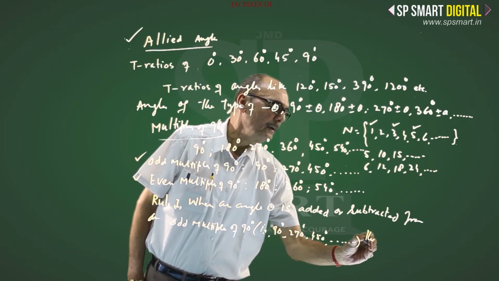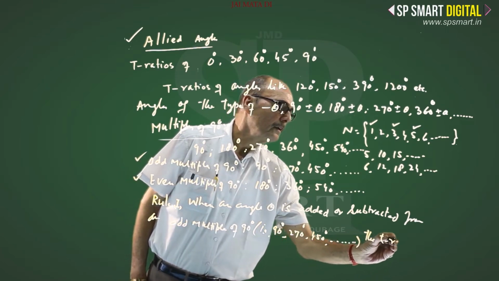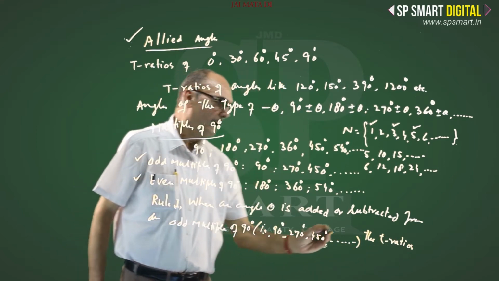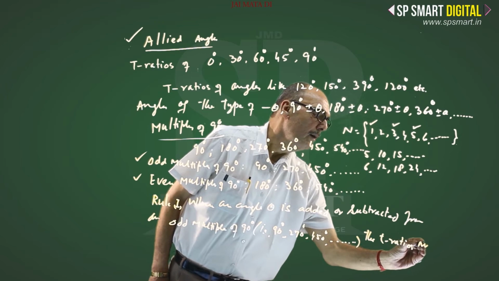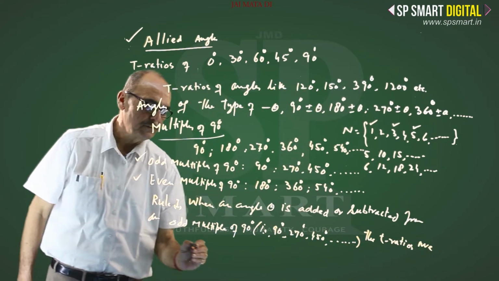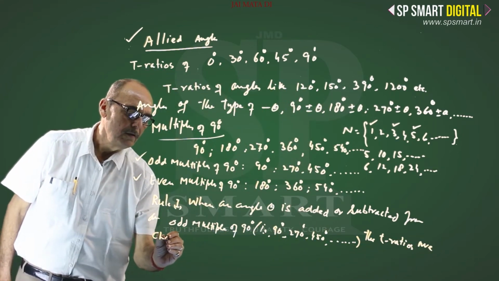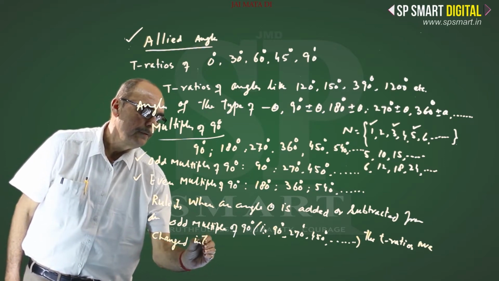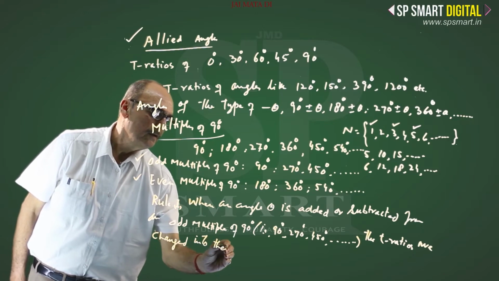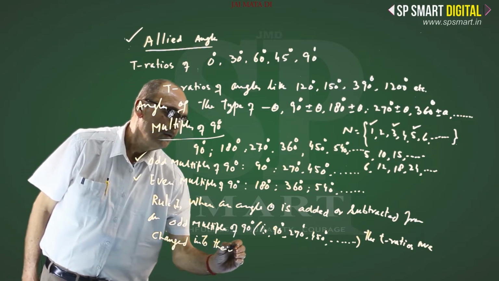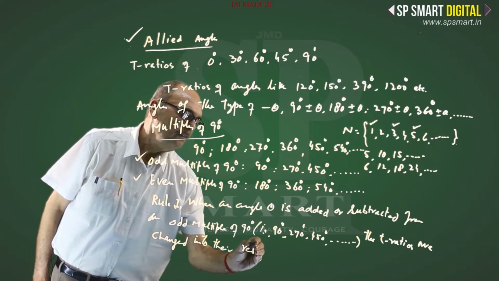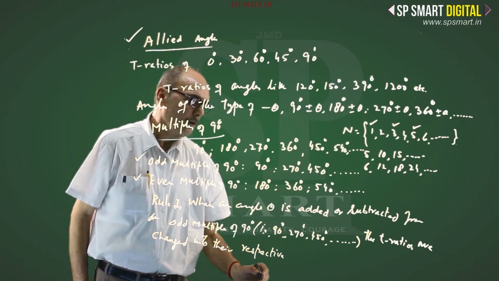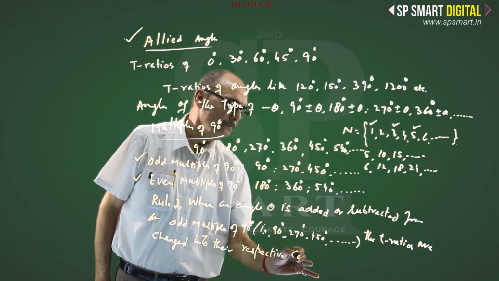the trigonometric ratios, in short I wrote T ratios, are changed into their respective co-ratios.